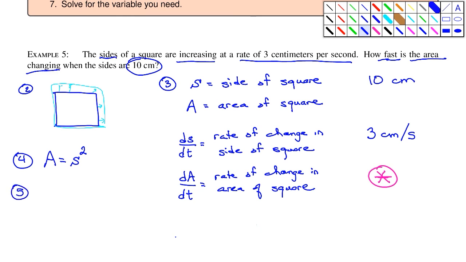Step 5, differentiate implicitly with respect to time. So the derivative of A is just dA/dt, and the derivative of S squared is 2S times ds/dt.